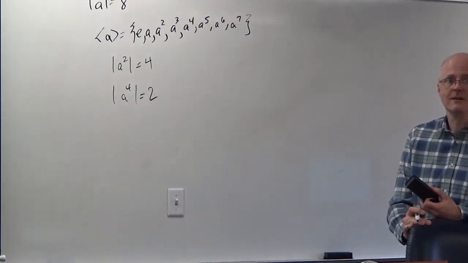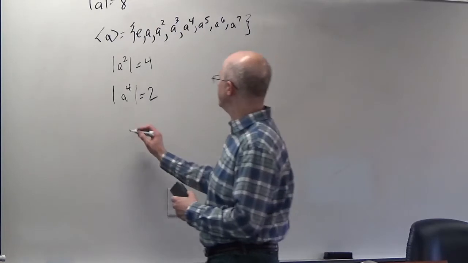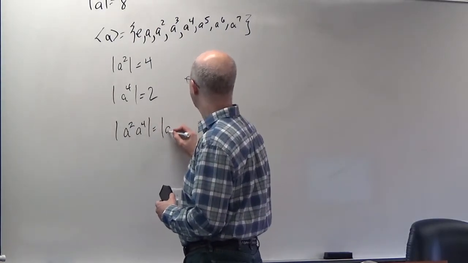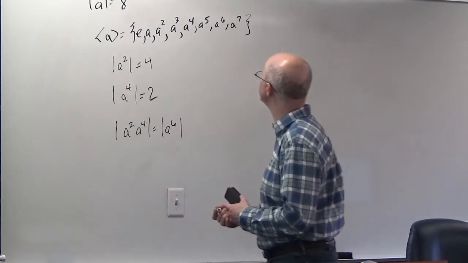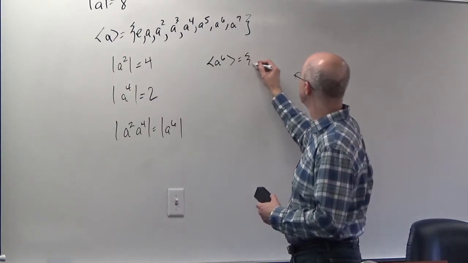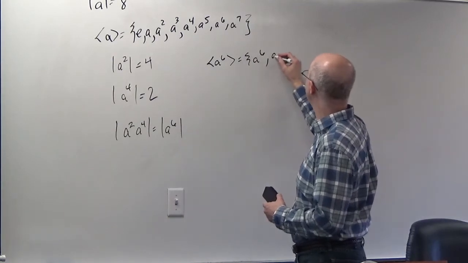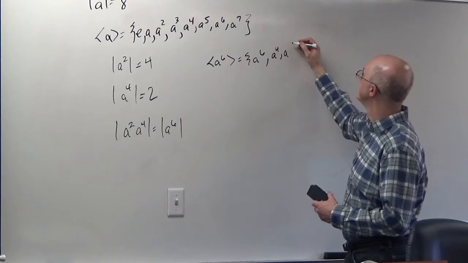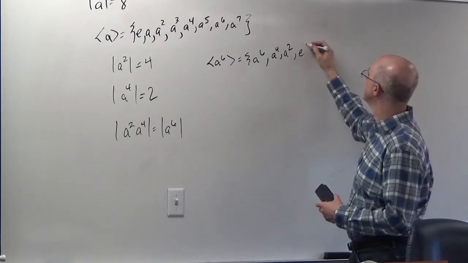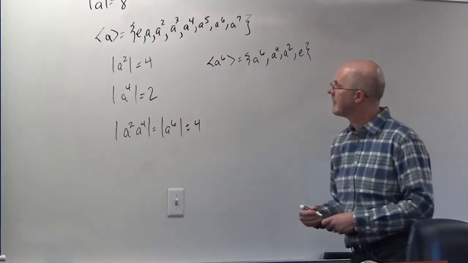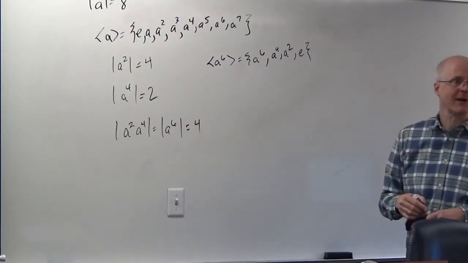What's the order of their product? The order of A to the 6th. What's the cyclic subgroup generated by A to the 6th? It's got order 4. So is there a relationship there?